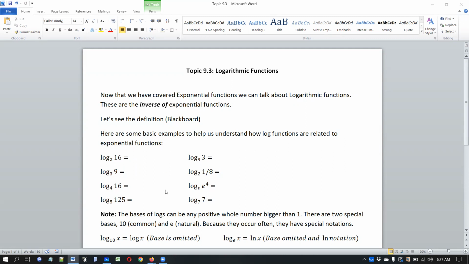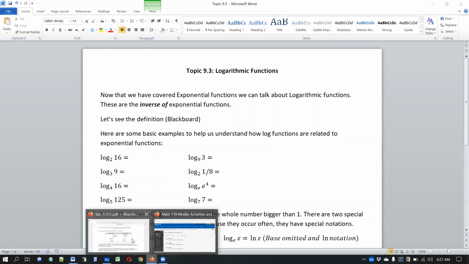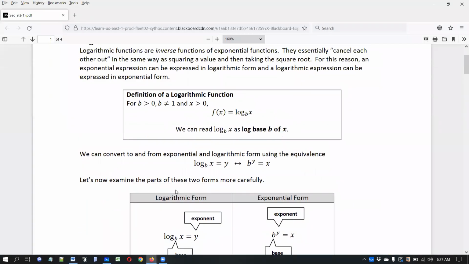So here is a look at the definition of it. It may seem a little complicated, but here is the definition of a log function. We use the expression log for log. The base is a b value that has to be greater than 0 and not 1. And the x is the expression or value you're trying to take the log of that has to be greater than 0.